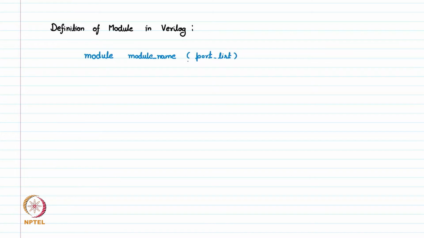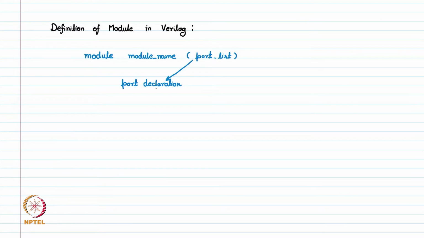When we write this port list, we have to declare to Verilog whether each is of input type or output type. So, first when we write this port list, we have to immediately declare that the port is an input port or output port. So, we need to have port declaration. For example, pin A is the input pin.